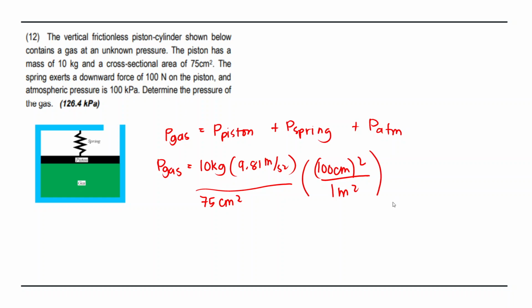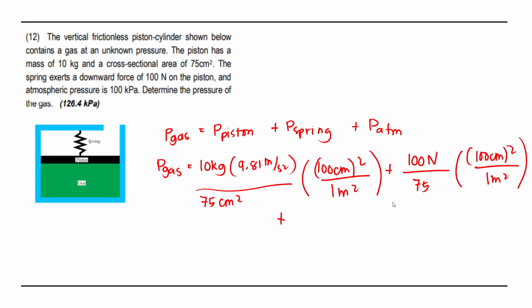Now, okay na yan, F over A. Plus, the spring, ang sabi niya, the spring exerts a downward force of 100 Newton. So, ganun pa din, yung spring, nagbibigay ng 100 Newton, ang area pa rin niya is the piston. So, 100 Newton over 75, ganun ulit, convert natin, 100 centimeter squared over 1 meter squared.